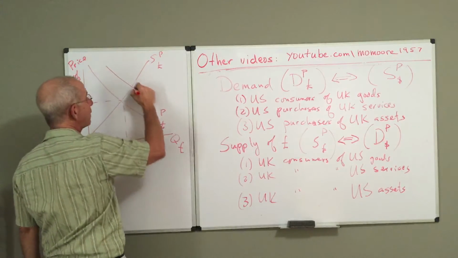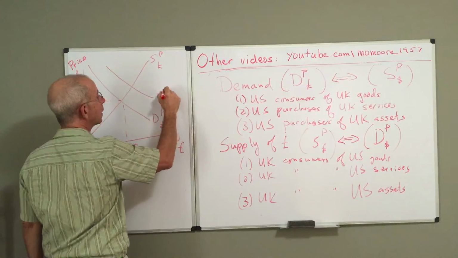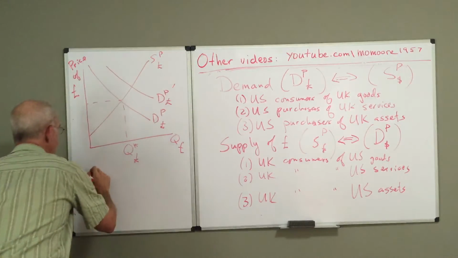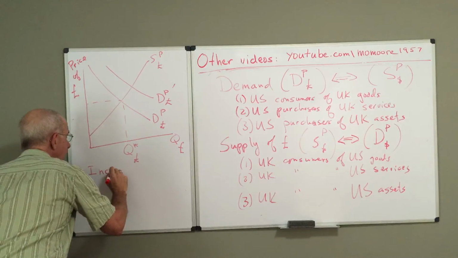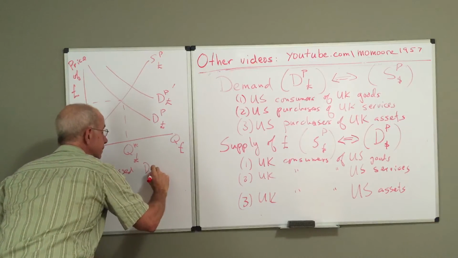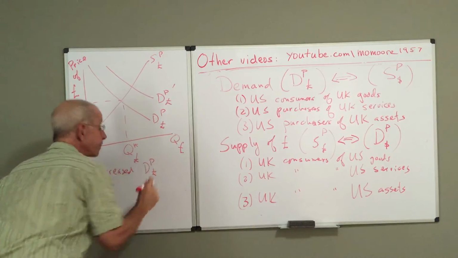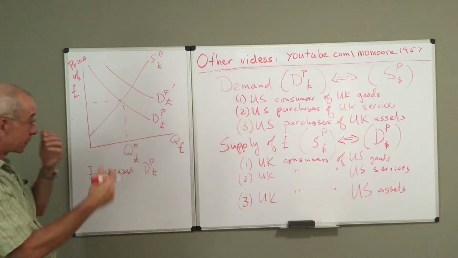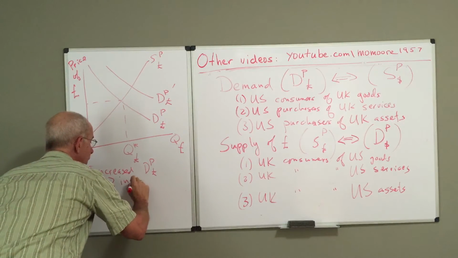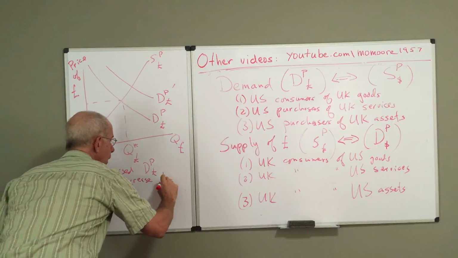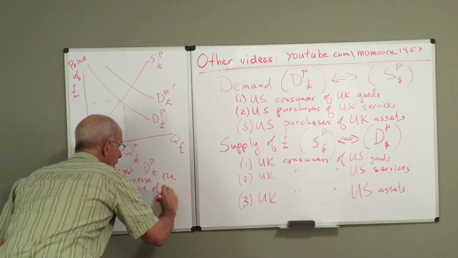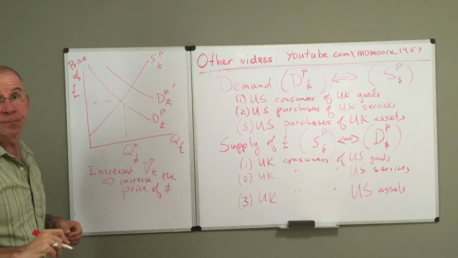So what you would have in this case is increased demand for pounds because of the underlying demands for these goods, services, and assets will increase the price of pounds.